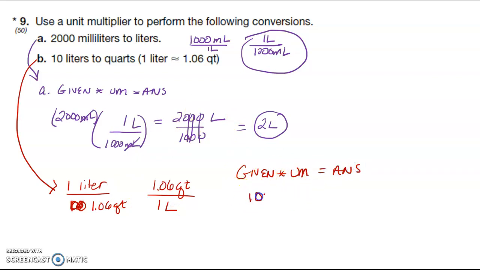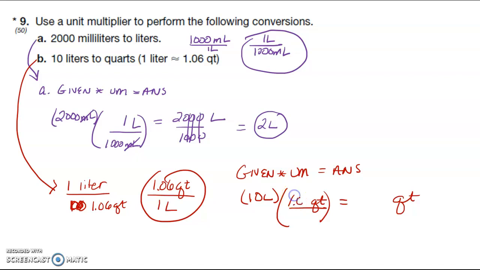So we're given 10 liters right here in the problem. They want us to go to quarts, so I need quarts on the top. My answer is in quarts, so those are the same. So I'm going to choose this conversion factor, that unit multiplier, over 1 liter. My liters are canceled, so it's 10 times 1.06, which just moves the decimal point 1 to 10.6.